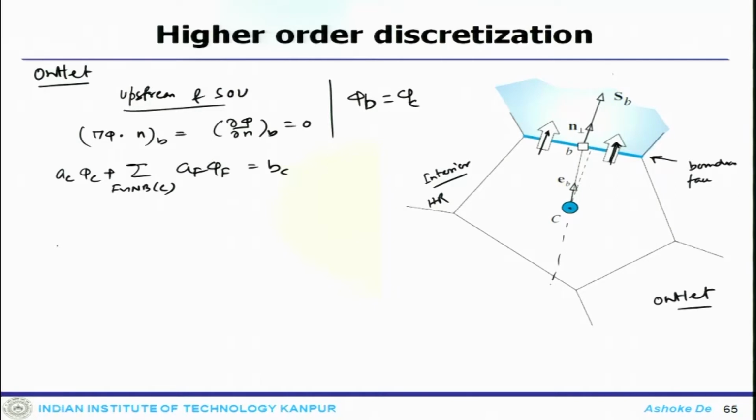Now, here again the AF would be flux FF, which is minus m dot F 0, AC is F1 NBC, because F1 only. So, this is the face which we are interested in, because that is the boundary face.